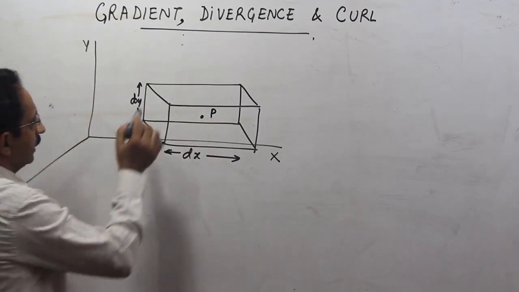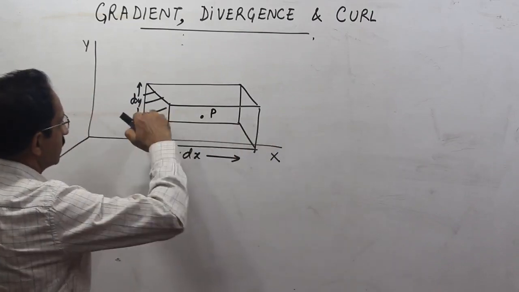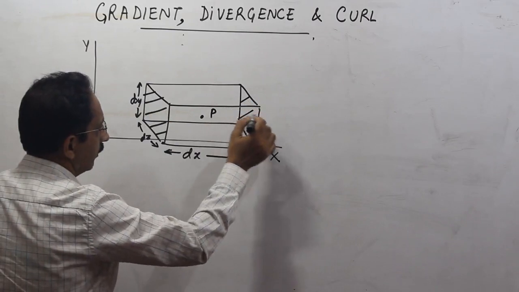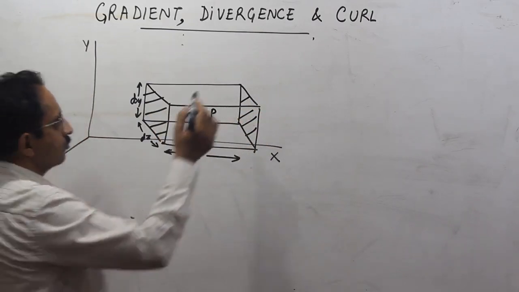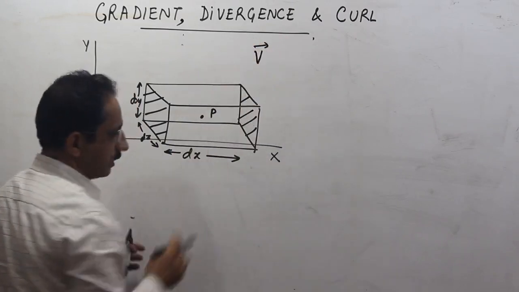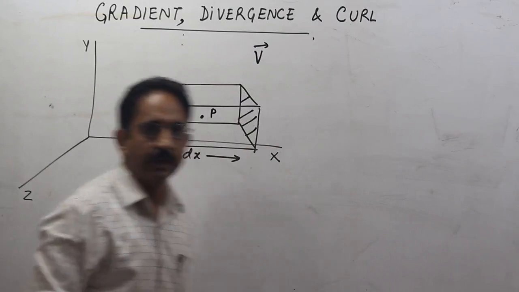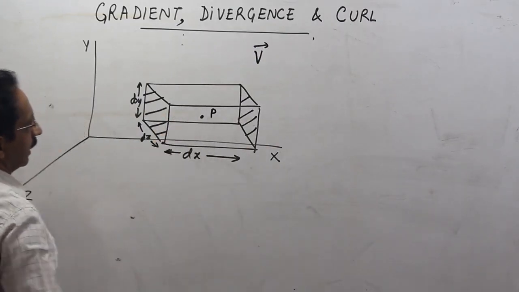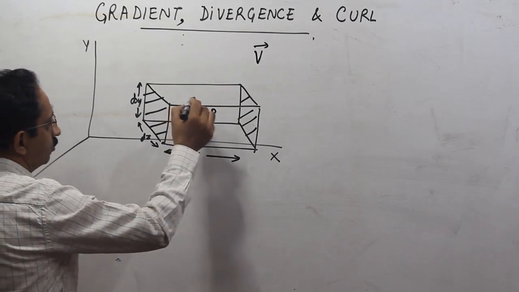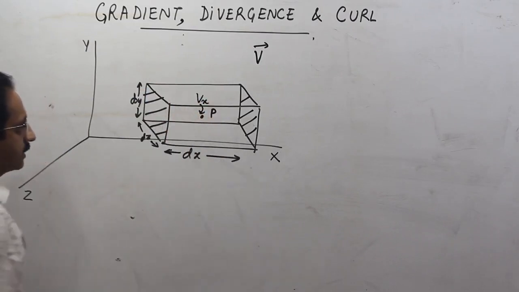And this point P has a fluid arriving from this face towards this face. अगर हम उस fluid की velocity v assume करेंगे, अगर हम उसका x component लें, then that x component will be along the x-axis. So I assume कि point P पर जो उसका x component है velocity का, वो है vx.